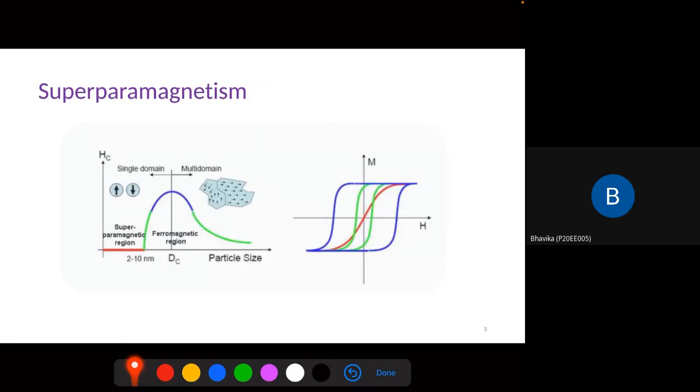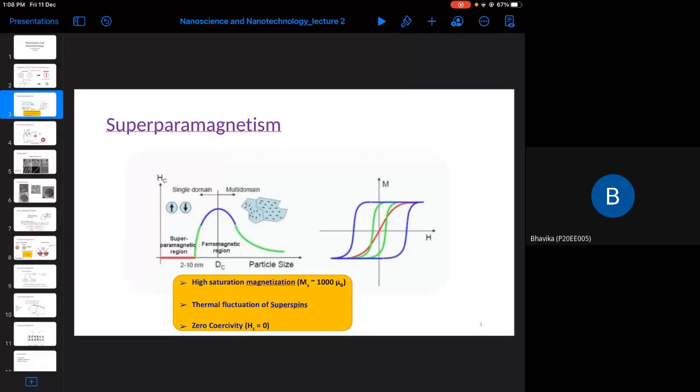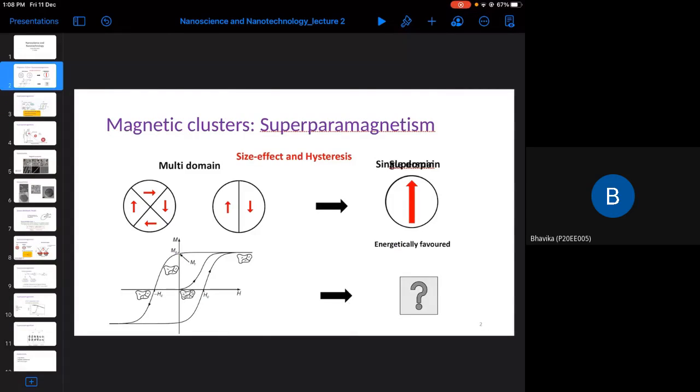Okay, before we go into this further, what I want to show here is under which condition this superparamagnetic particle, or let's say we do not know it is superparamagnetic right now, this single domain ferromagnetic particle, what we saw in this case, the single domain ferromagnetic particle will be energetically favorable.